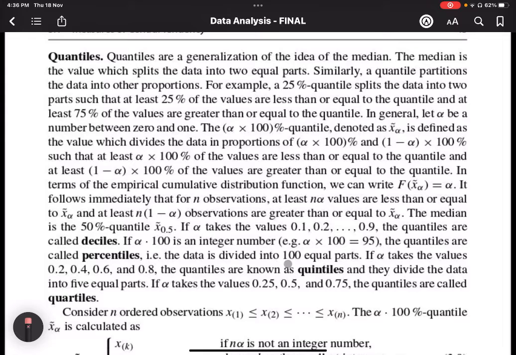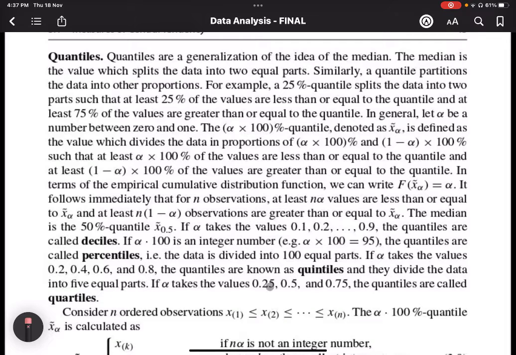The data is divided into 100 equal parts, ang ibig sabihin ng percentiles. Sa deciles naman, they are divided into 10 equal parts. If alpha takes the values 0.2, 0.4, 0.6, and so forth, the quantiles are known as quintiles, and they divide the data into 5 equal parts.